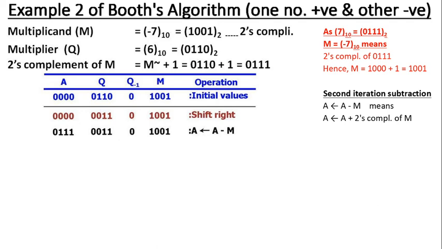Okay, so these are the two 4-bit values to be added together. So here, the earlier iteration's value A, 0, 0, 0, 0 plus the 2's complement of M, that is 0, 111. Addition of these two will give the new value of A in this second iteration, which is 0, 111.